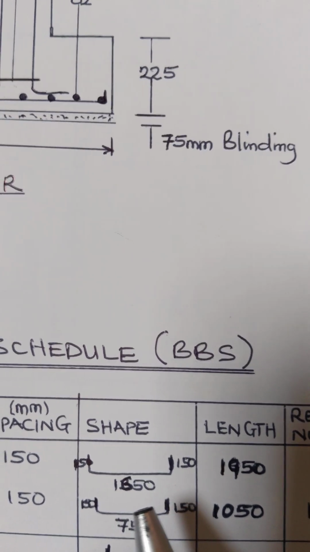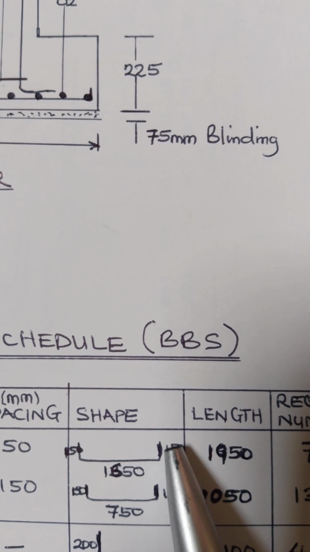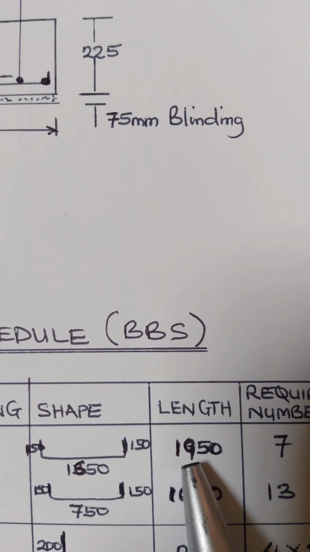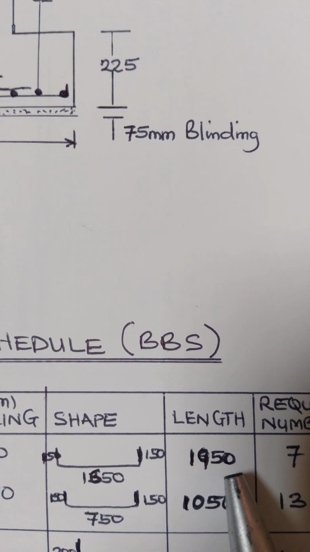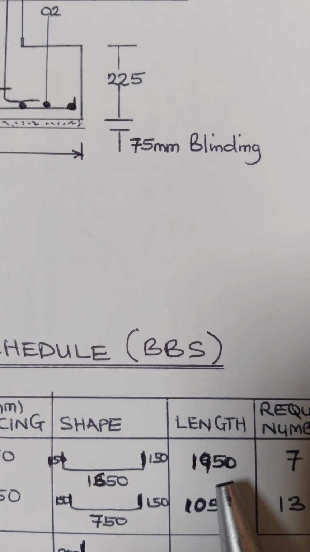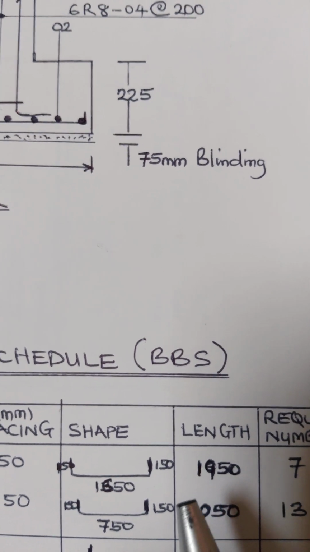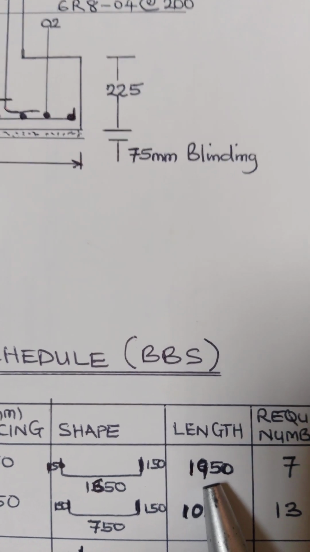The summation of this and this will now give us 1950 millimeter length. So what it implies is that when the steel fitter is trying to cut this reinforcement, he will cut based on this length.